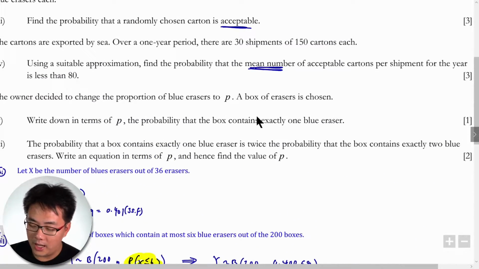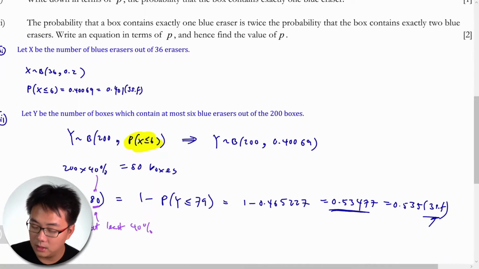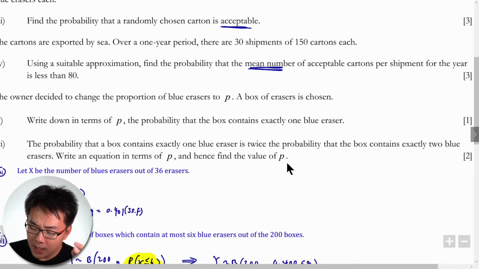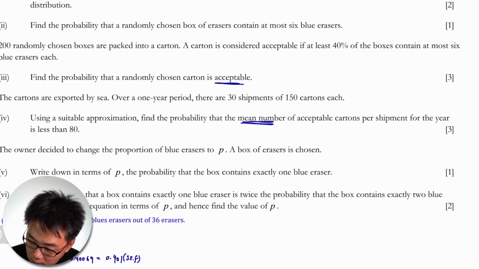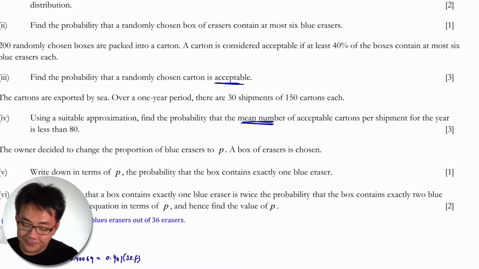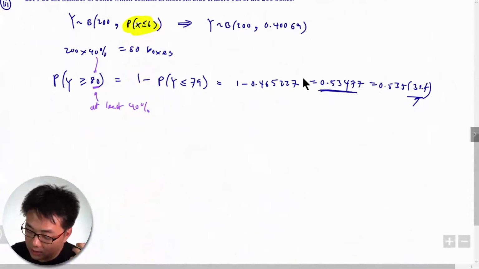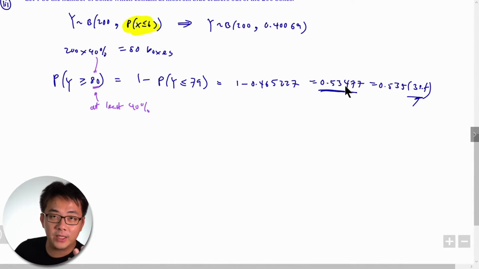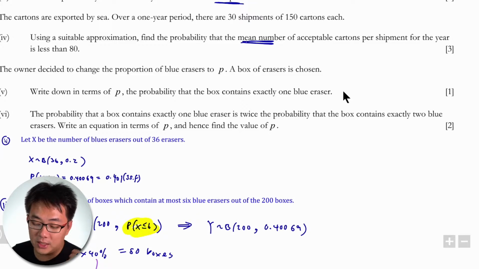So the chance of getting acceptable is this one here. Every one carton has got a chance of 53.477% of being acceptable. So now you are asking, using a suitable approximation, find the mean number of acceptable shipments for the year is less than 80.